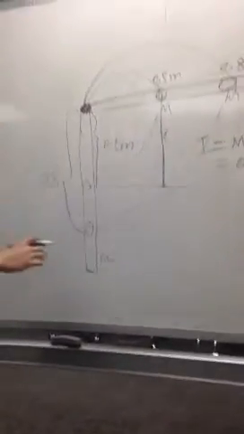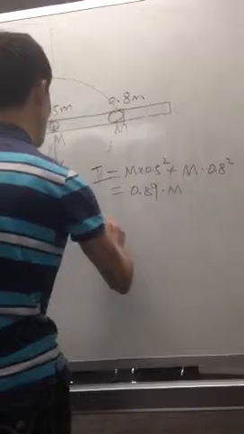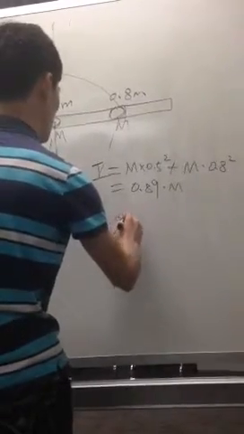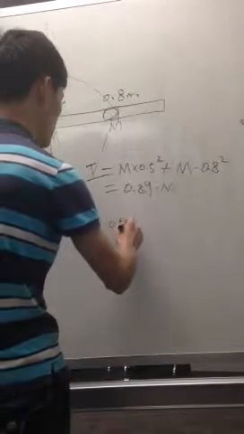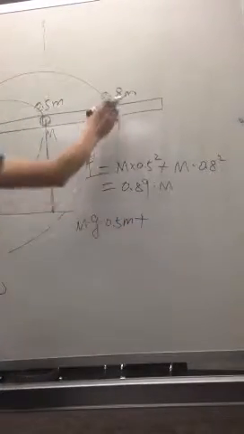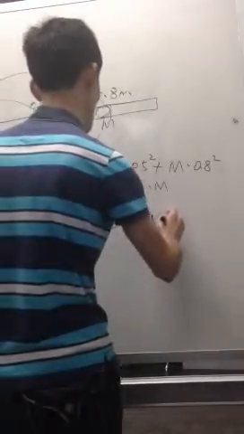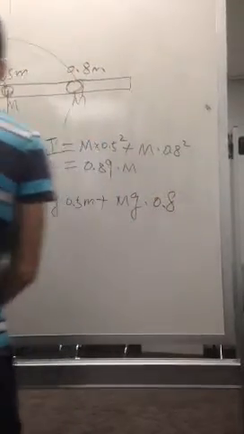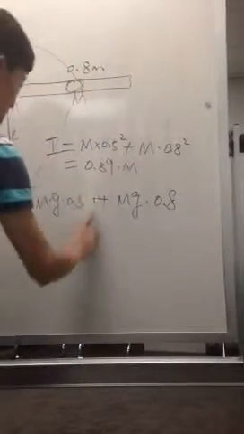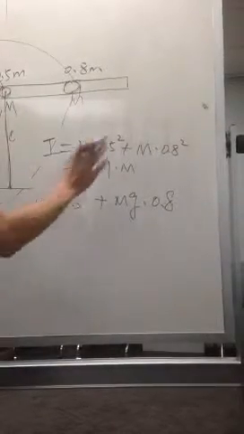The potential energy this object lost is mgh, right, times 0.5 meter. And the energy lost for this guy will be mg times 0.8 meter. Okay, so that's the energy they lost.